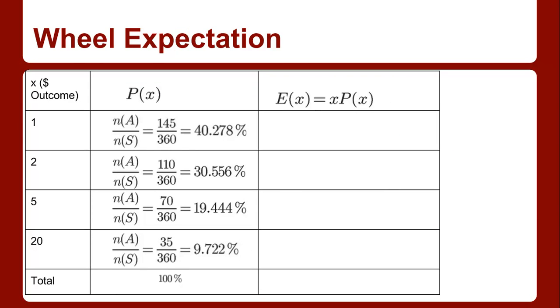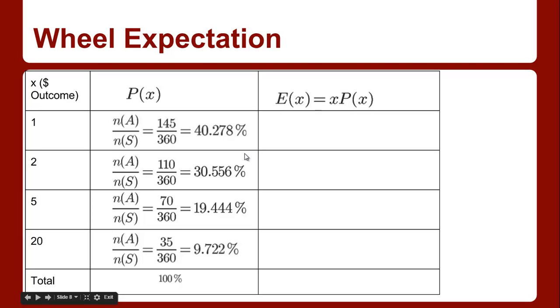The wheel expectation. So we've got the probabilities here already set. You can see that they total up 100%. So what I want you to imagine is, if my class rolled the wheel 20 times, and so I want you to imagine if we rolled the wheel 360 times, $1 would come up 145 times.